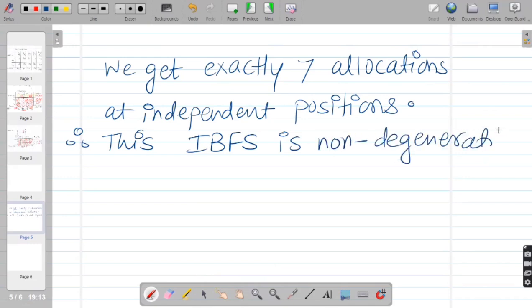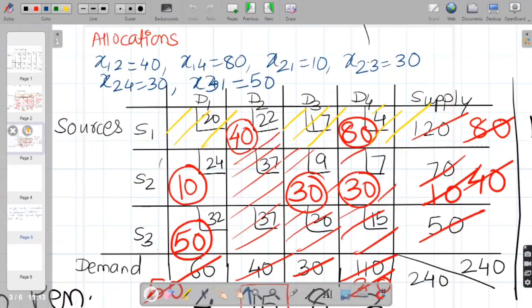Okay. So we can calculate the final transportation cost now. Total transportation cost is equal to, how to calculate this now? We will multiply. See, in the transportation, all of you know that every cost is the cost of transportation of one unit of product from that particular source to that particular destination.